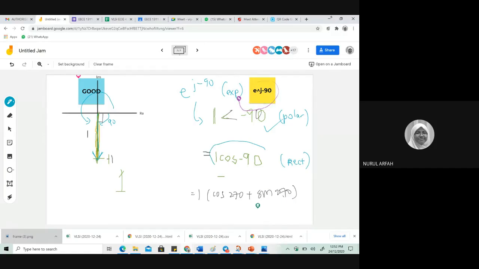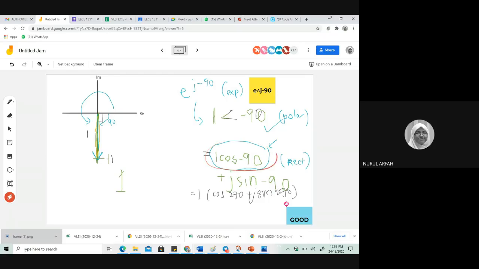Is it a real axis or imaginary axis? This part, is it an imaginary axis or real axis? Do you think that we have a real axis here?